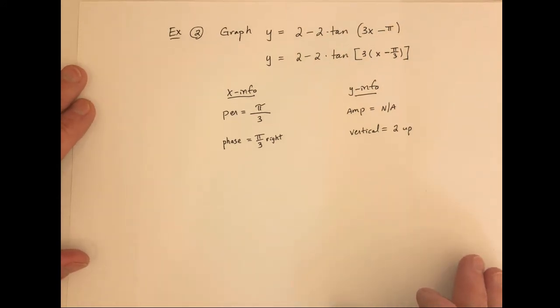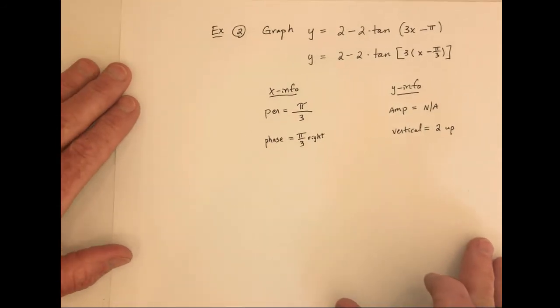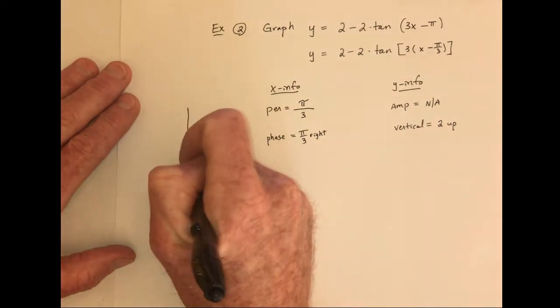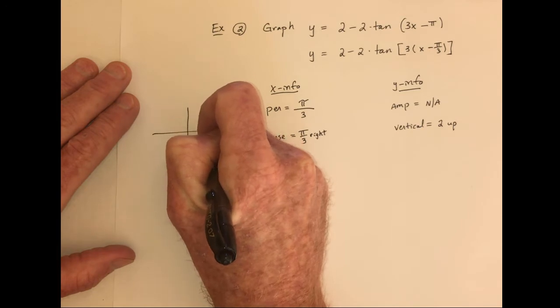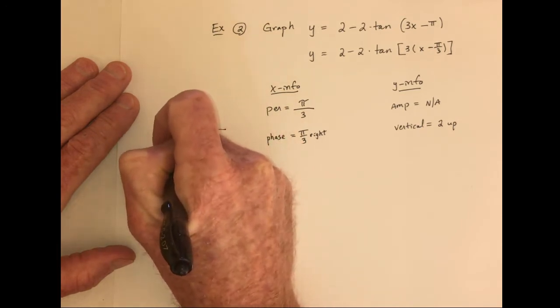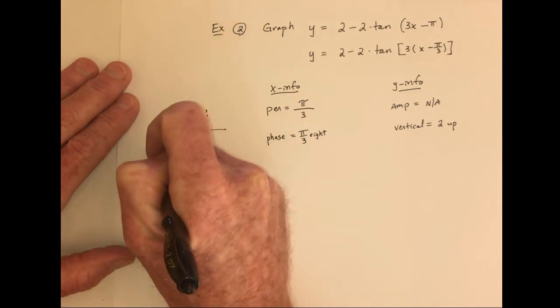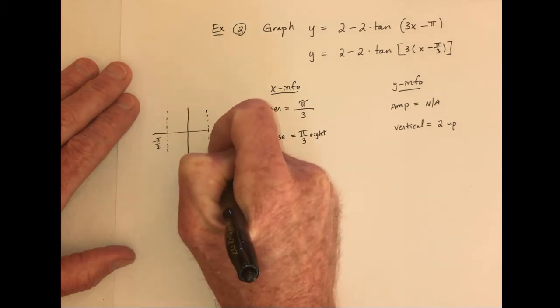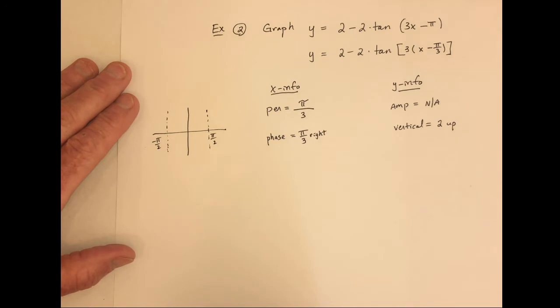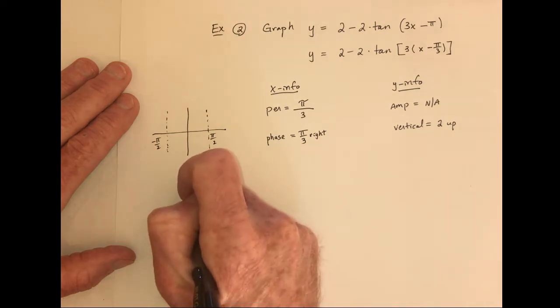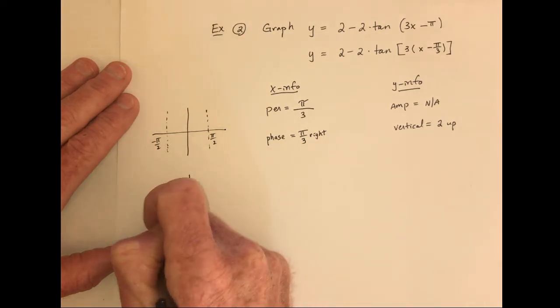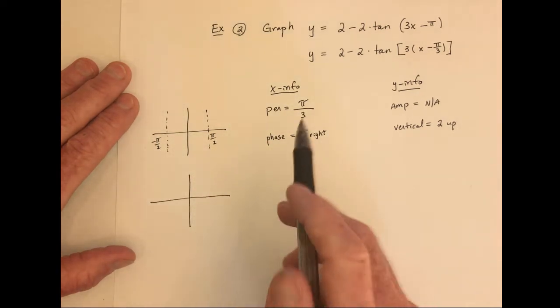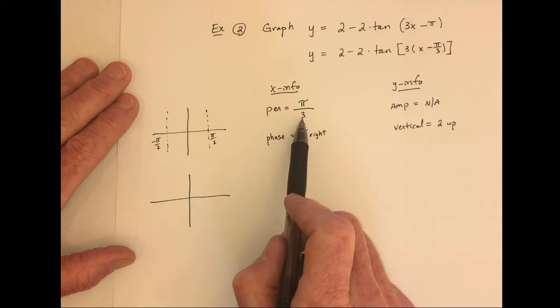Okay, so with tangent, originally, it's got these two asymptotes, at negative pi over 2 and positive pi over 2. So of course our graph is going to have asymptotes as well. Now, one way to do it is, the period is pi over 3.